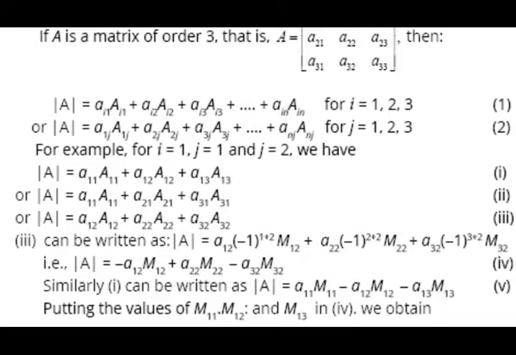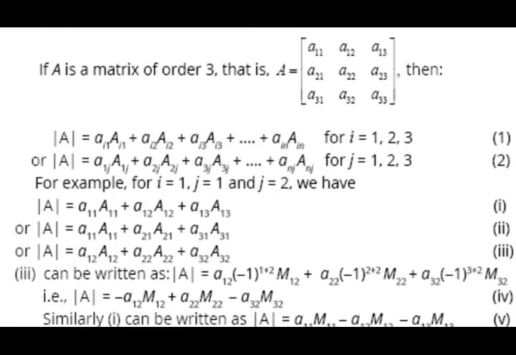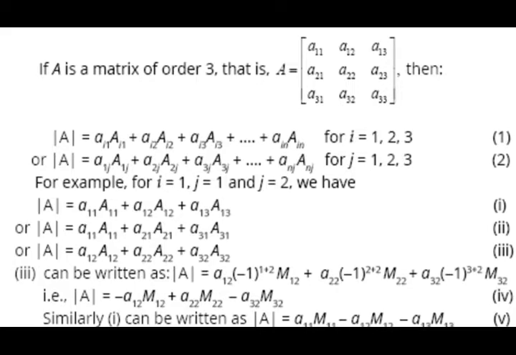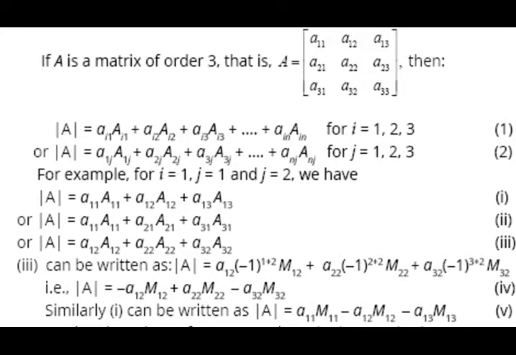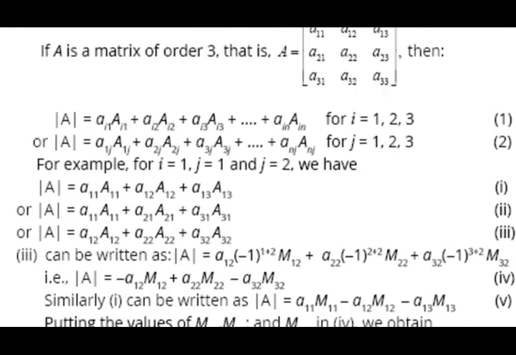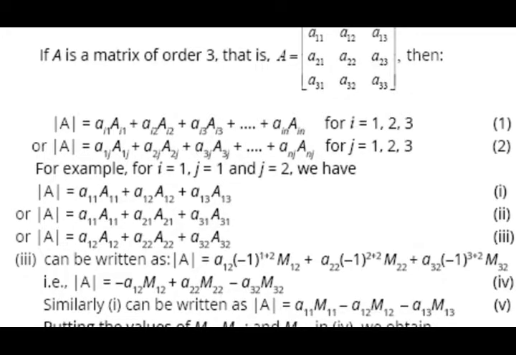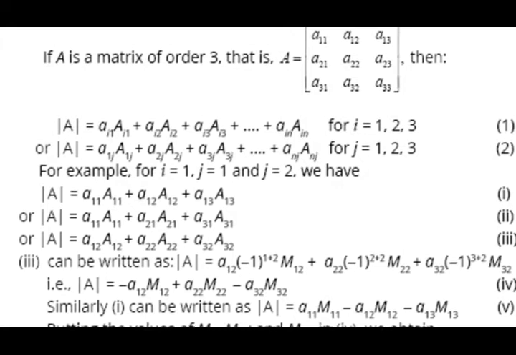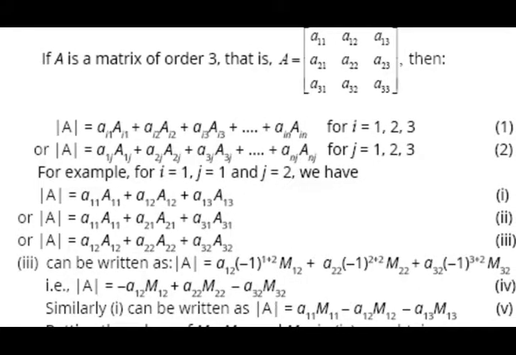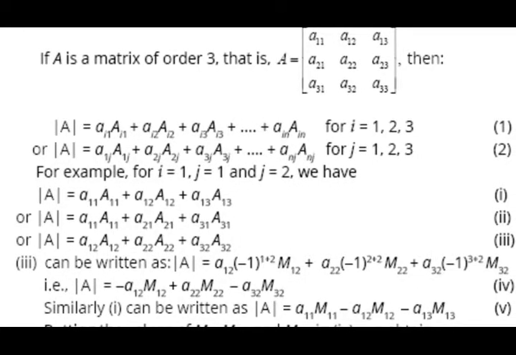Small a means element and capital A means cofactor. We can find the determinant by any row and any column, but mostly we find it from the first row, and then we replace the cofactors with their values.